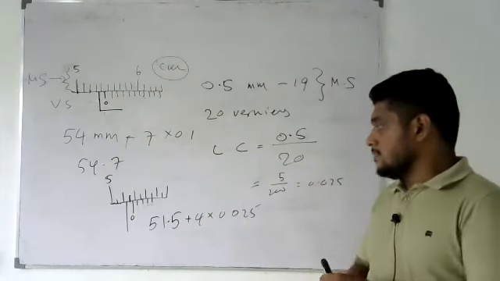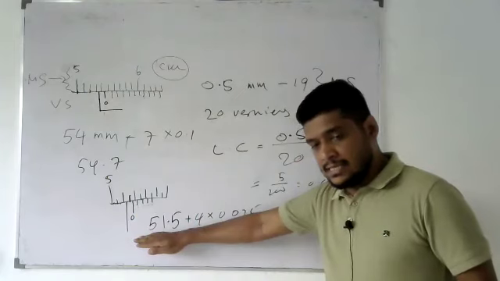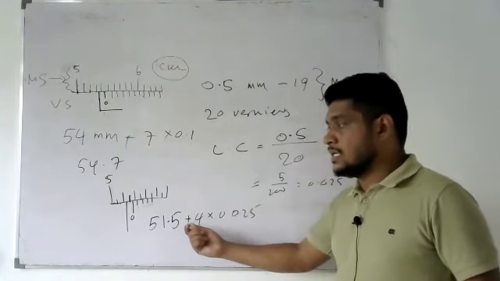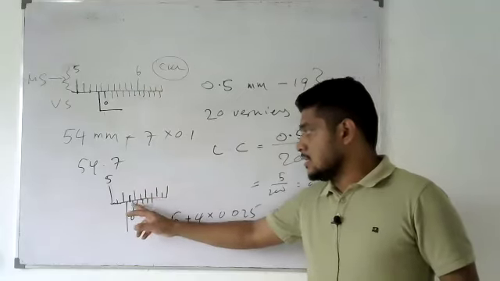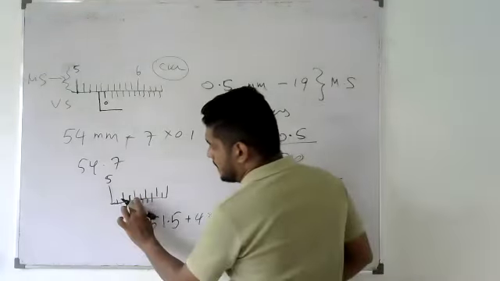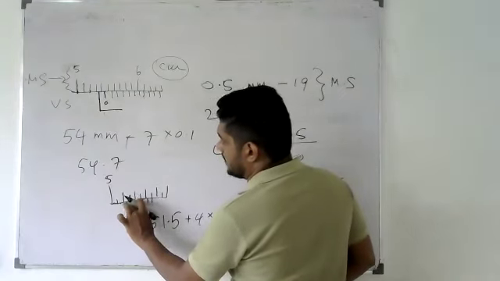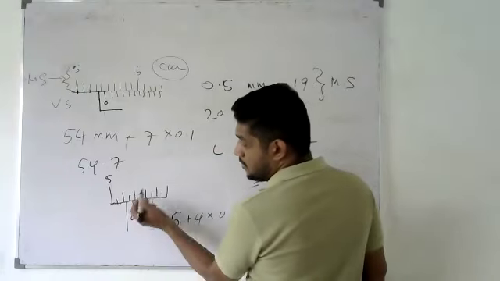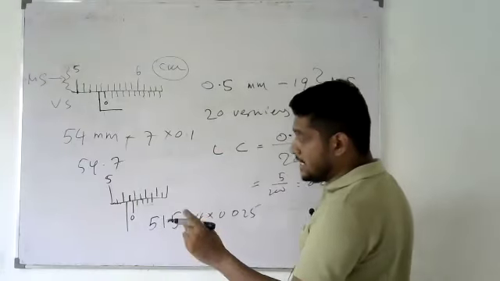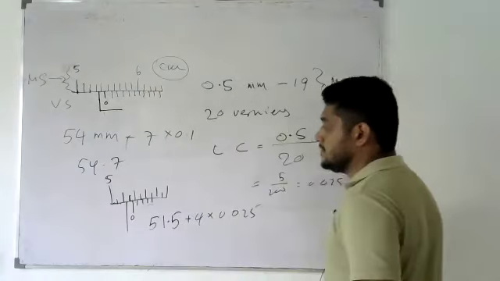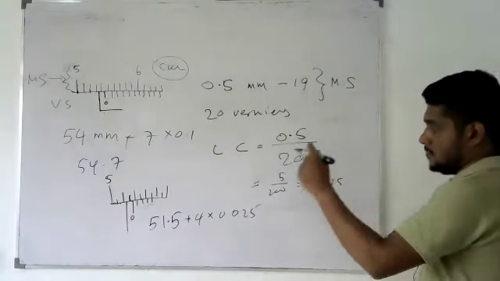Main scale එකෙන් කීයක් read කළාද? Then you have to read the small distance that you cannot measure using the main scale. මෙන්න මේ ටිකනේ measure කර ගන්න තියෙන්නේ.